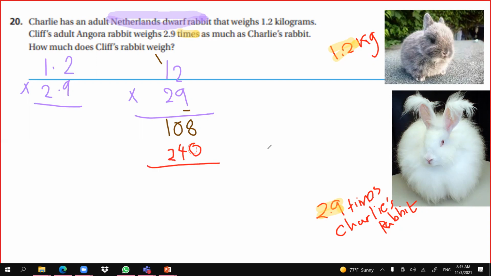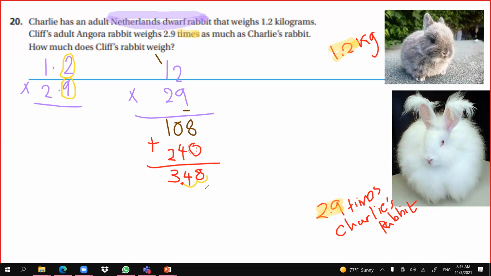Then 8. Bravo. The decimal point is going to be here because Malak looked at it. She said that because we have 1 digit after the decimal point and 1 digit after the decimal point, we're going to add them together. So after 2 digits. So 1, 2.